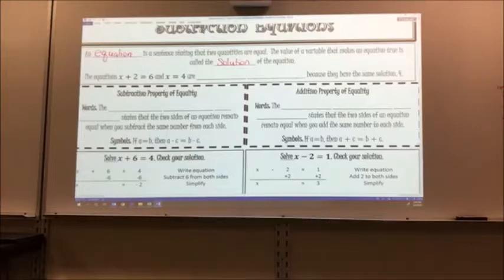So the equations x plus 2 equals 6 and x equals 4 are blank blank because they have the same solution of 4. In those blanks, you're going to write equivalent equations.